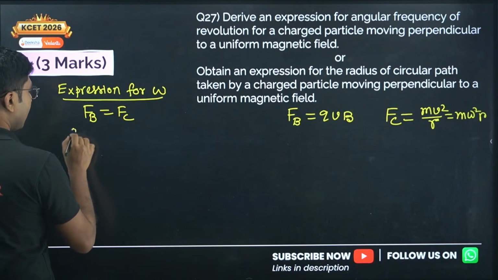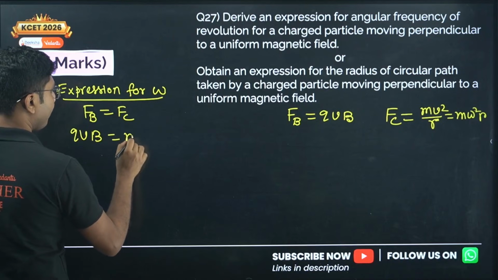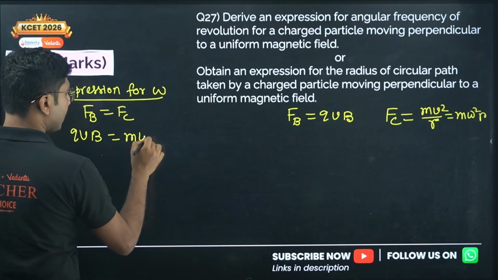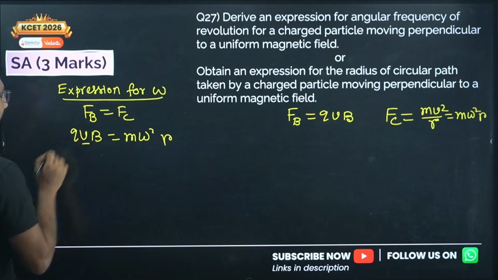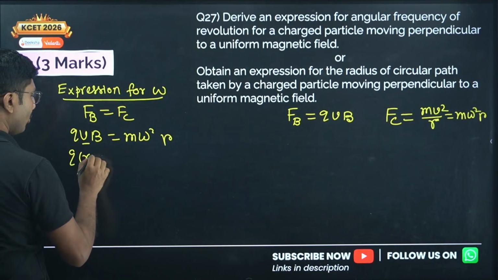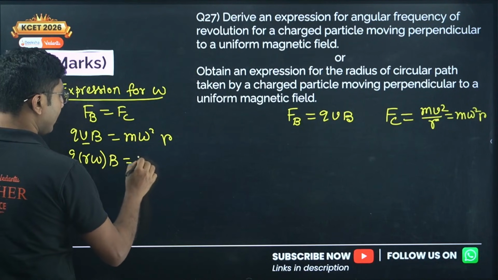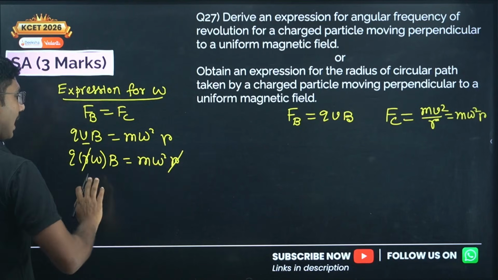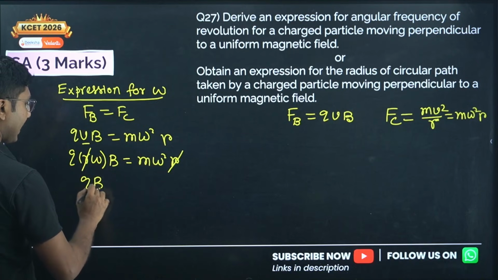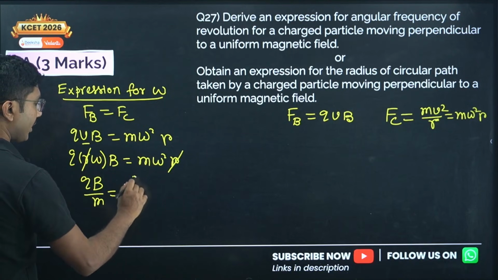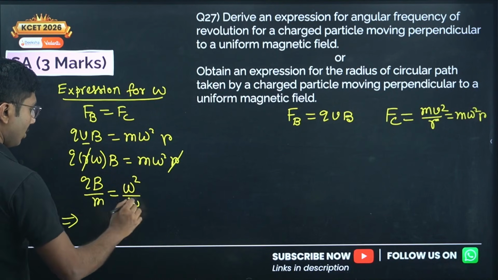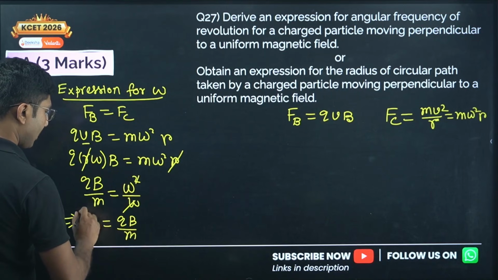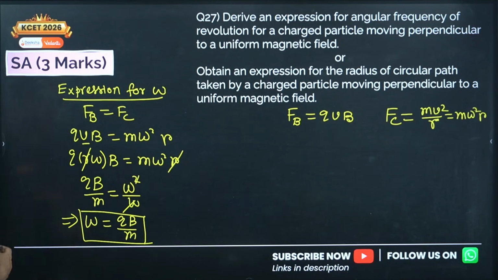We can say QVB equals m omega square R. Now V for a rotational motion is given by R omega, so QR omega B equals m omega square R. Now R cancels, and if you simplify, QB by m equals omega square by omega, so one of the omegas cancels, and omega is equal to QB by m. This is the correct formula for angular speed.